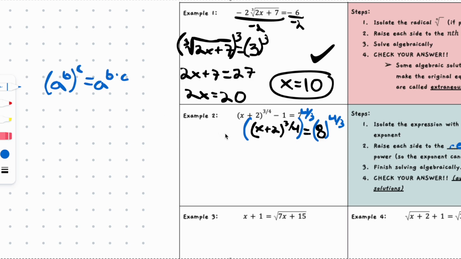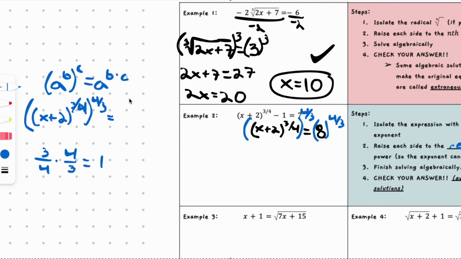In this case, when we have x plus 2 to the 3/4, raised to the 4/3, we're multiplying 3/4 times 4/3, which obviously cancel out and you get 1. So it just becomes x plus 2.